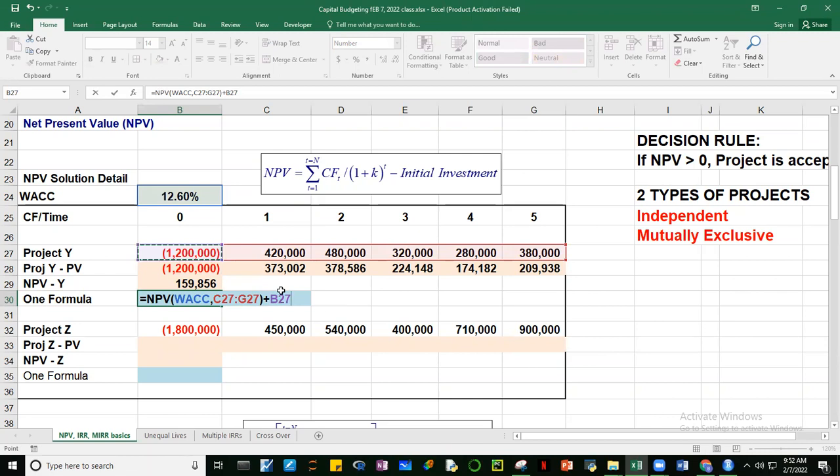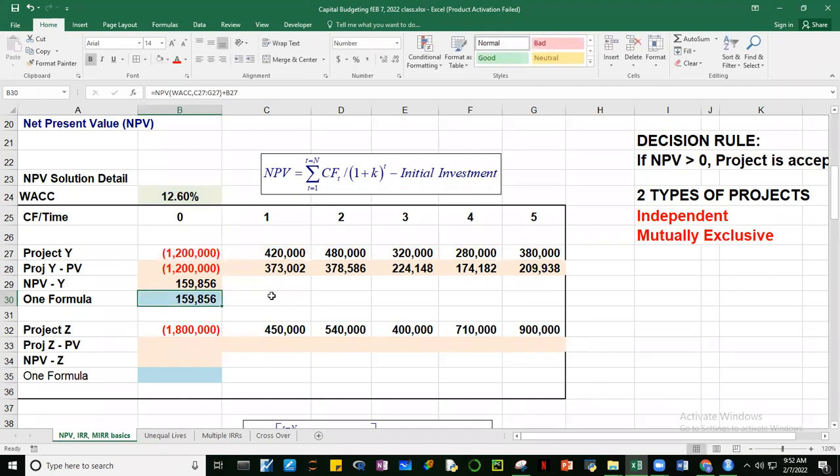We do not include the 1.2 in the values, because if we include 1.2 million, then we are telling Excel that this 1.2 million will be for the first year, because the NPV function uses future cash flows.